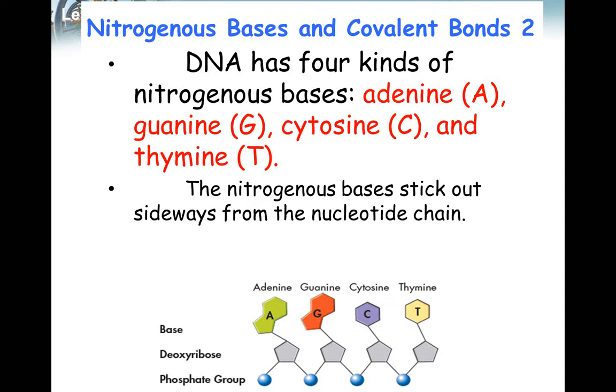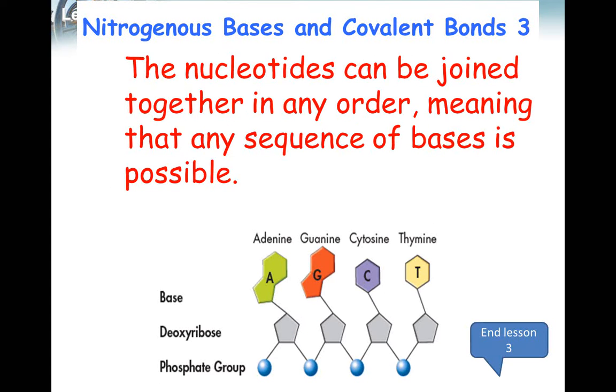Adenine, guanine, cytosine, and thymine. That's in DNA. In RNA, the thymine is changed for something called uracil. Nucleotides can be joined together in any order, so any order or arrangement of this A, T, C, and G is possible. That is the end of lesson number 3.